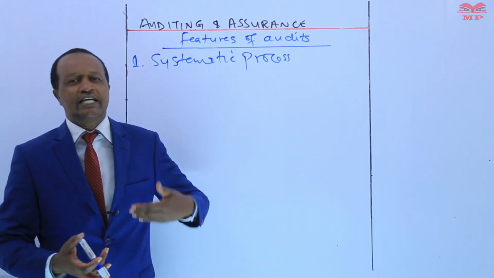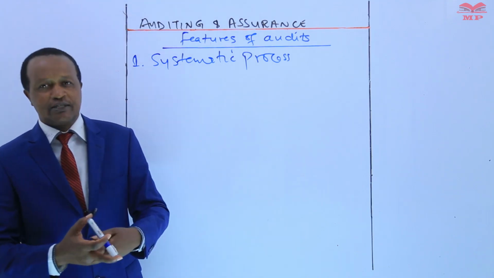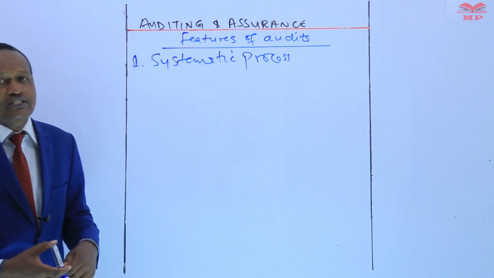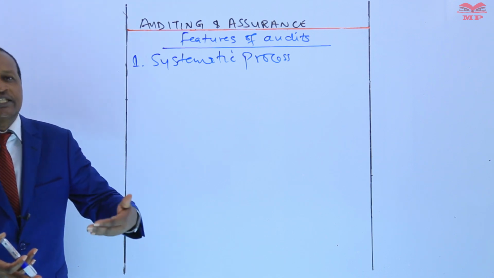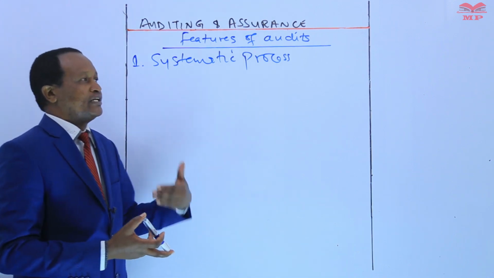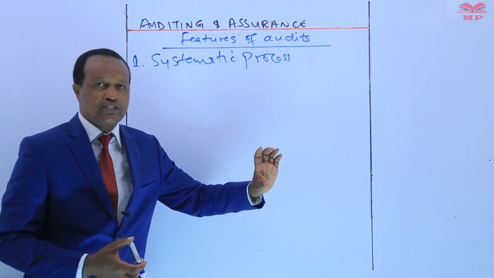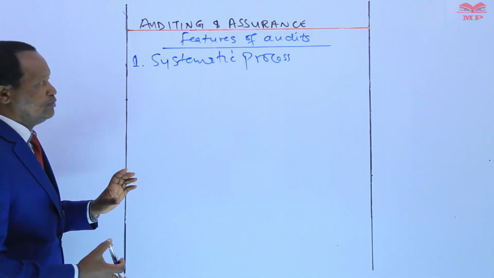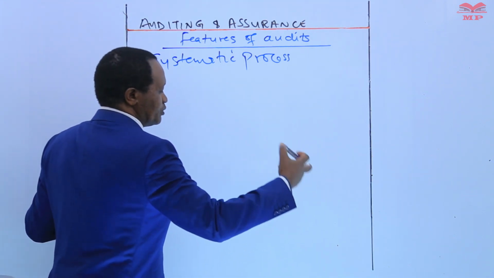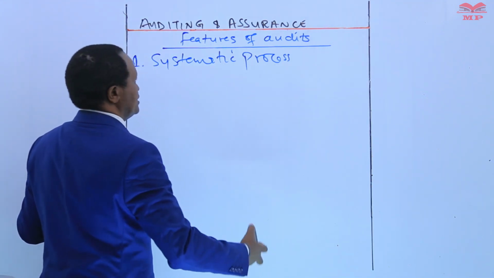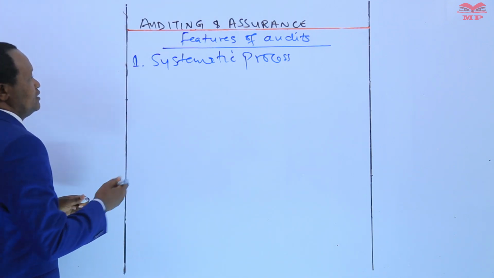That ensures that the audit is conducted in a consistent and thorough manner. We will be looking into the audit process as we progress. We'll learn that auditing takes a certain systematic approach. That's the first feature.